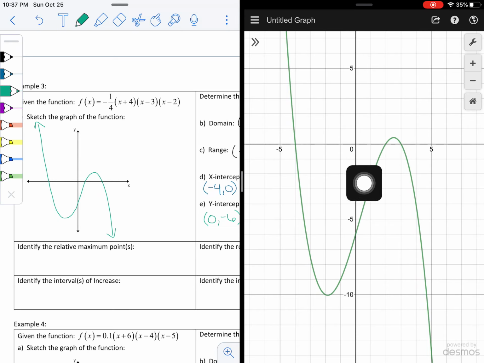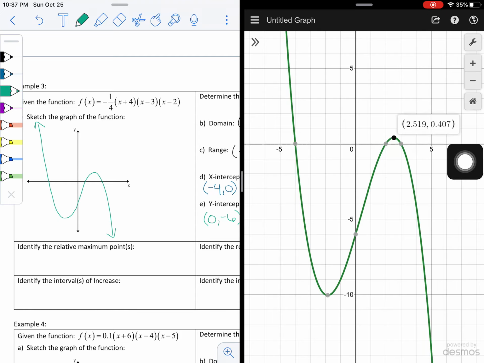Coming up to it, the graph is increasing and then going away from it, it's decreasing. That's a relative maximum. So I'm going to tap the graph, get all those gray points on there and then hit that top point right there. So relative maximum is going to be the point 2.519, 0.407. Okay.